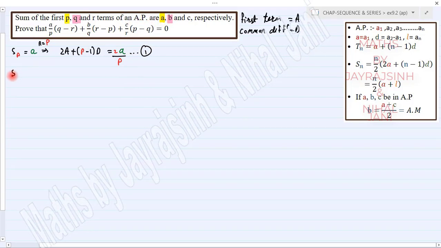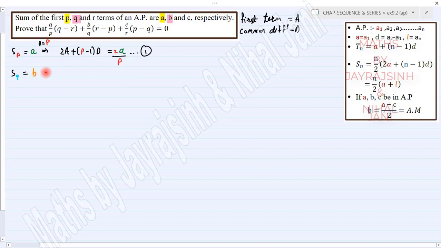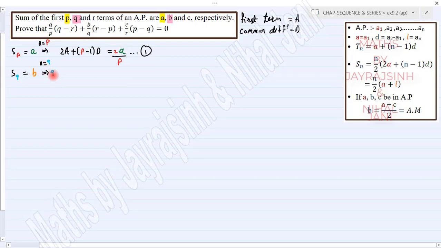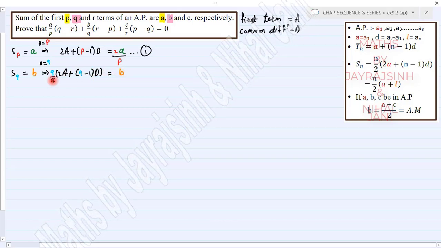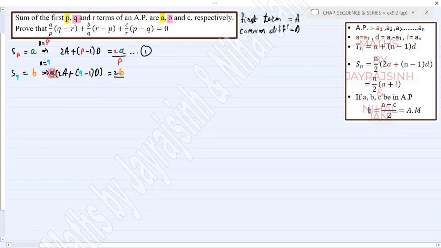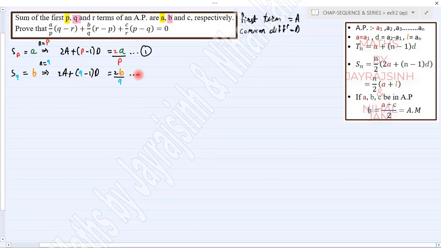Similarly, the sum of q terms is equal to b. So we replace n by q. We'll get q by 2 into (2 times a plus (q minus 1) into d) is equal to b. For simplification, 2 goes in the numerator and q will move to the denominator of the right hand side. So we'll get the second equation.